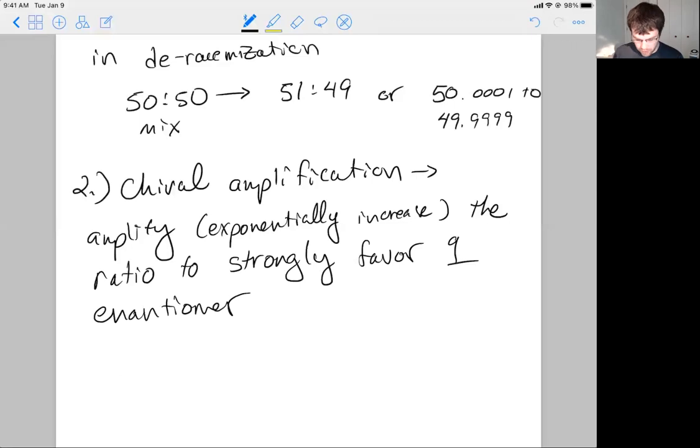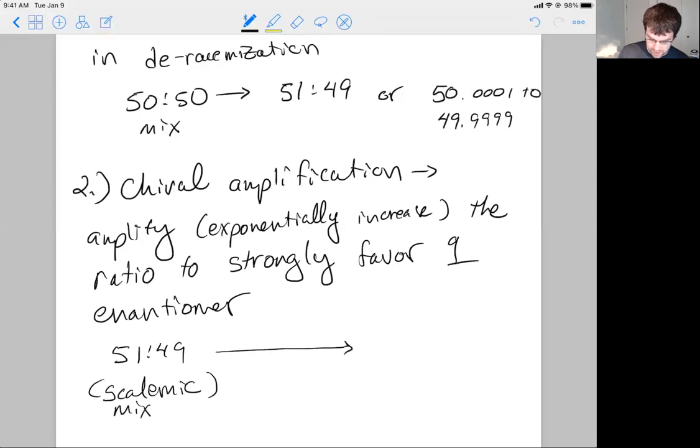Okay, so if we were at 51-49, and again, that's called a scalemic mixture, a slight excess of one enantiomer over the other, not perfectly racemic.